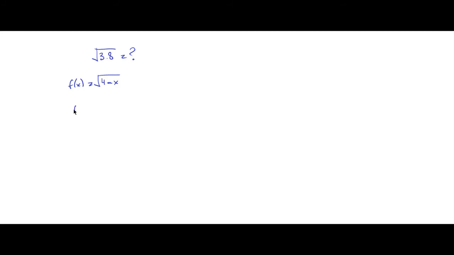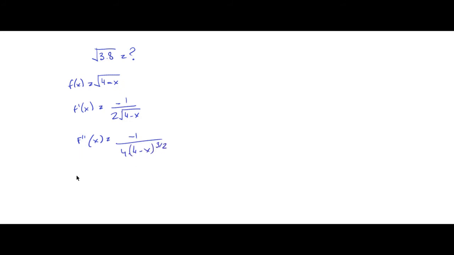So we have the first derivative of f(x) is minus 1 divided by 2 square root of 4 minus x. The second derivative is going to be minus 1 again divided by 4 times (4 minus x) to the 3 halves.